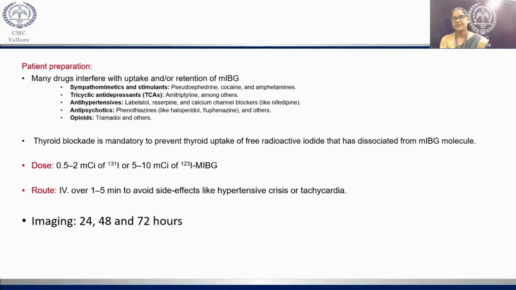The dose for diagnostic imaging is about 0.5 to 2 millicurie of iodine 131 or 5 to 10 millicurie of iodine 123 MIBG. The route is always intravenous, given slowly over 1 to 5 minutes to avoid side effects like hypertensive crisis or tachycardia. The imaging is done after 24, 48, and 72 hours.